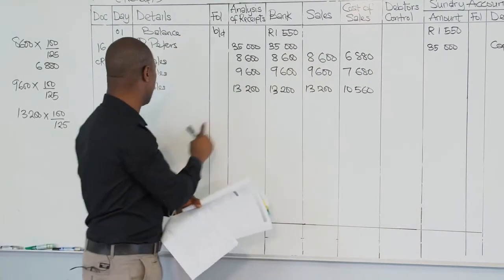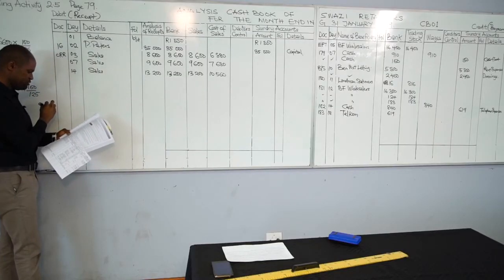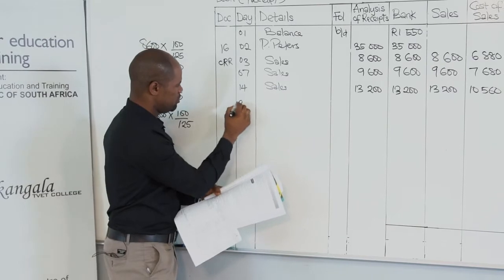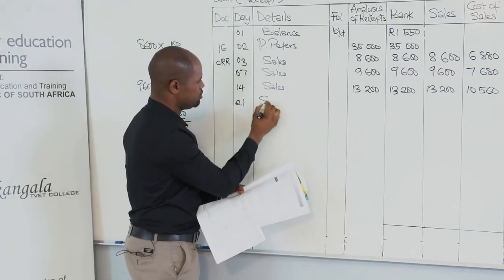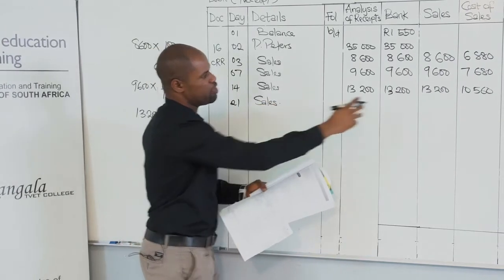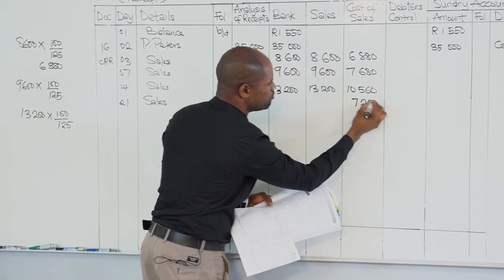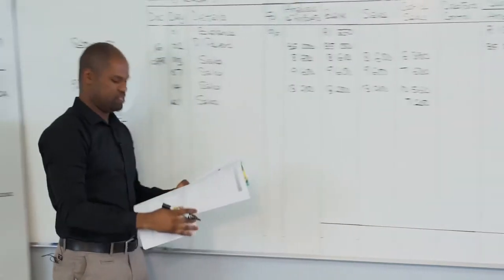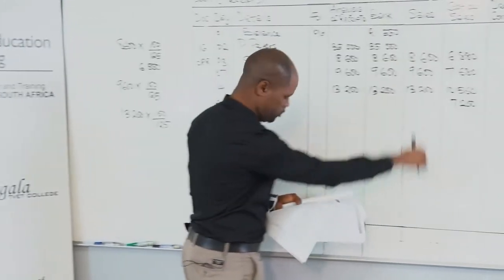So here we are going to write this. The date is the 21st. Sales. But the cost of sales is given as 7,200. Then how do I get the portion of the sales?